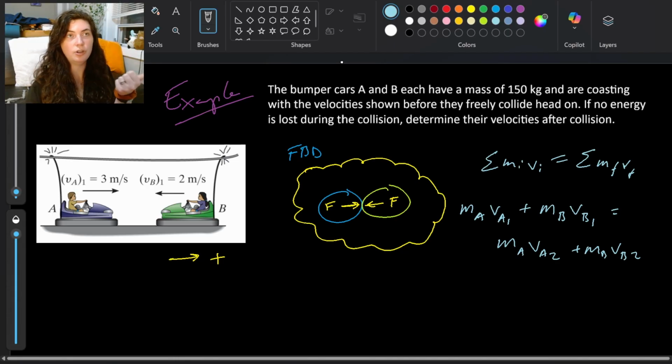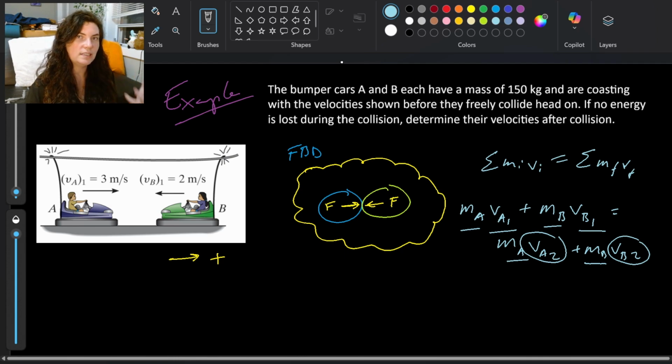My masses are known, my initial velocities are known, but I don't know vA2 or vB2. So I'm going to need to come up with a second equation to figure out how to relate these velocities together.